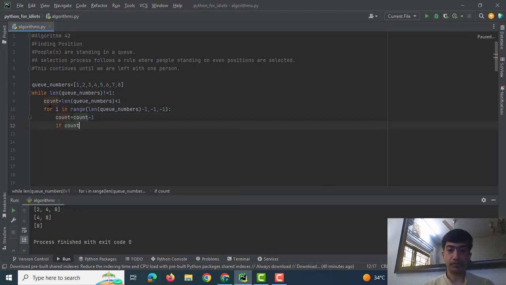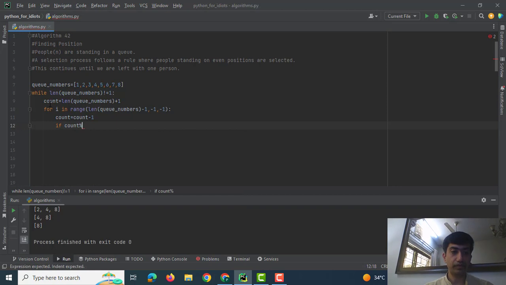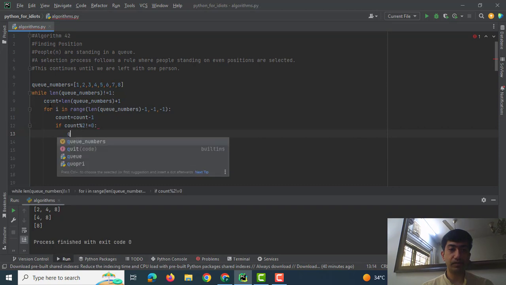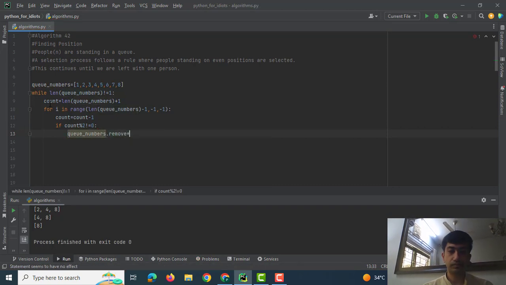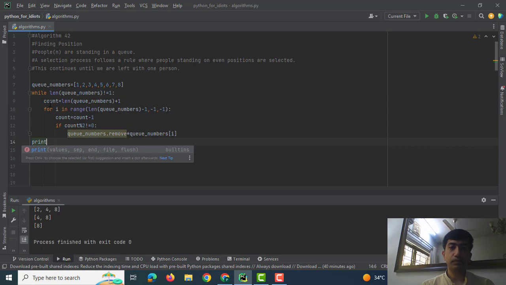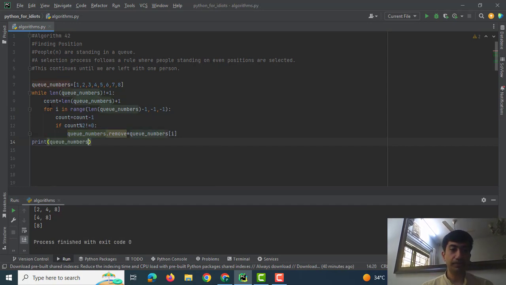If count is odd, then I remove that particular number from the queue numbers list. When the while loop is completed, I print the queue numbers list.